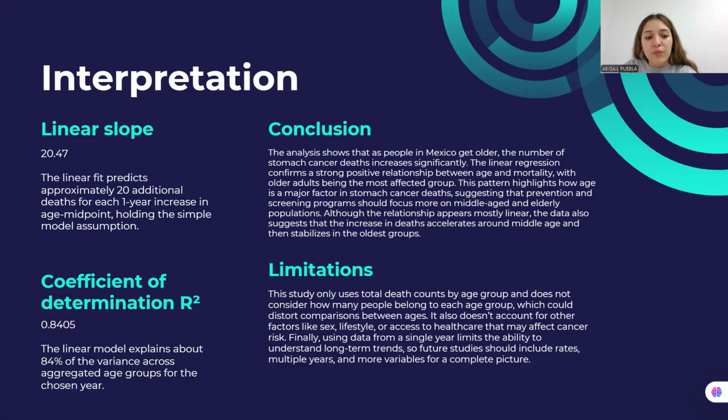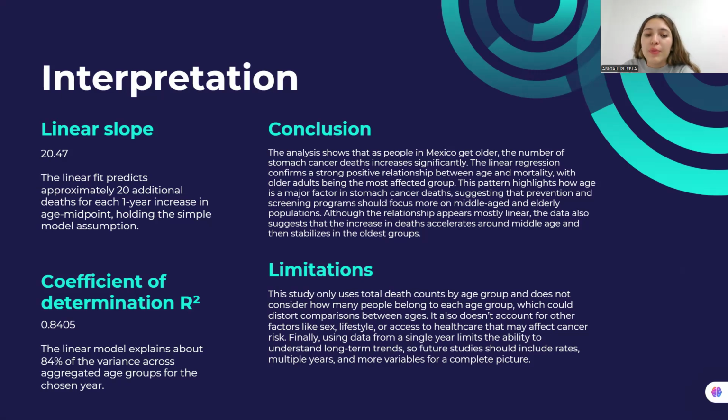The coefficient of determination explains approximately 84% of the variance across the aggregated age groups for the chosen year, so it is a high coefficient.